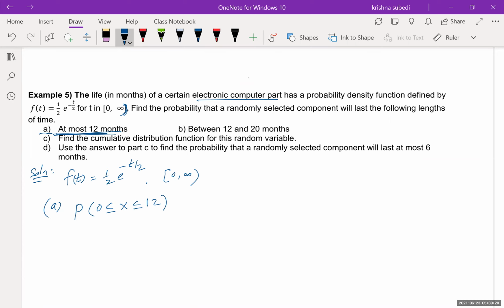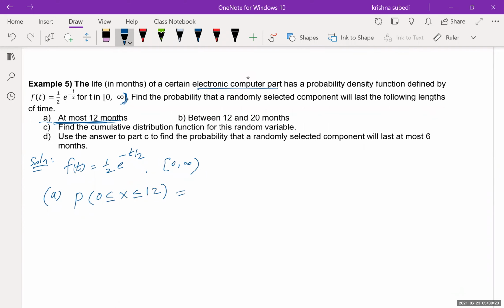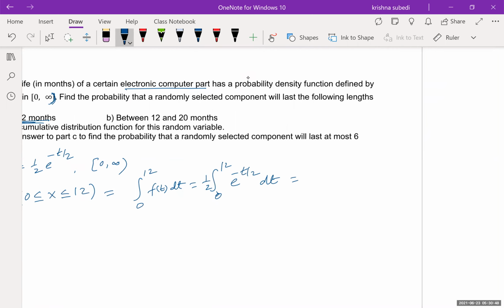Okay, so the probability is given by the definite integral from 0 to 12 of f of t dt, and your f of t is one half e raised to the power negative t over 2 dt. If you evaluate this integral, you get a half times e to the negative t over 2 over negative 1 over 2, from 0 to 12.